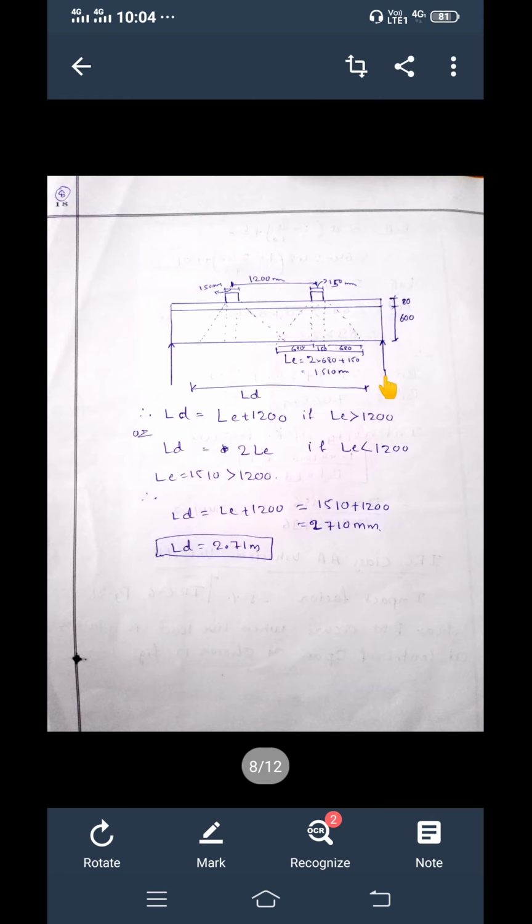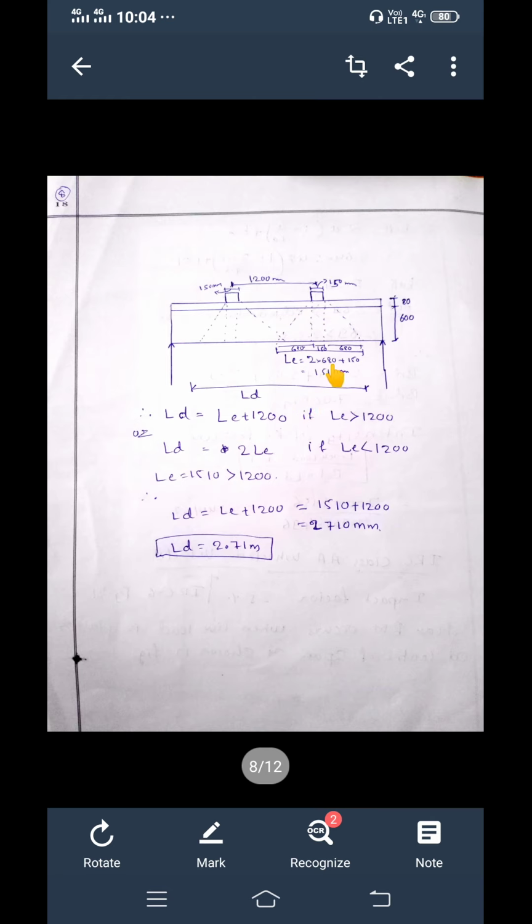One condition is there: LD equals LE plus 1200 if your LE is greater than 1200. How much did we get? 1510, which is greater than 1200 itself. Then to calculate LD we should use this formula.